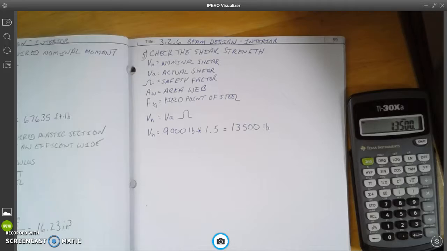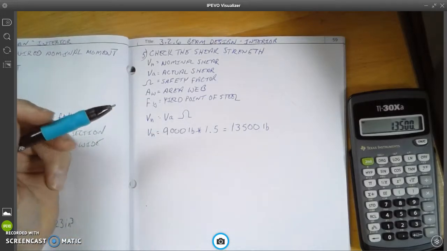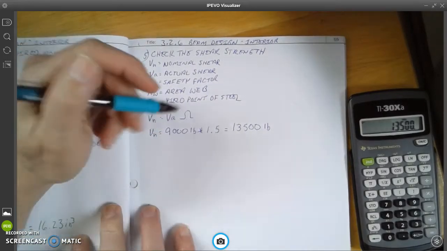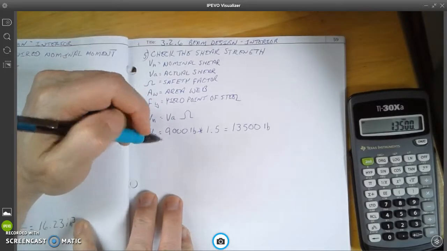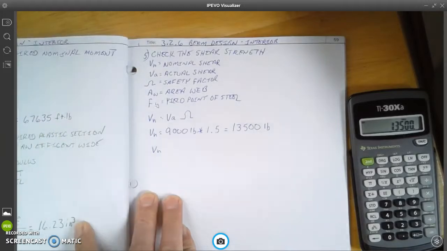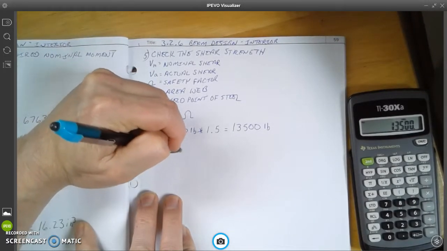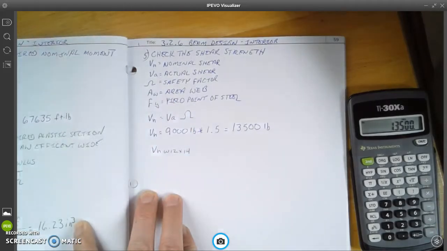Now we need to do the shear for the beam. This is what it has to do. It's not for the beam itself, excuse me. This is what we have to have it be greater than, a number greater than the beam does. So we're going to start by doing the calculation. So Vn, and this is going to be for the W12 by 14 beam.